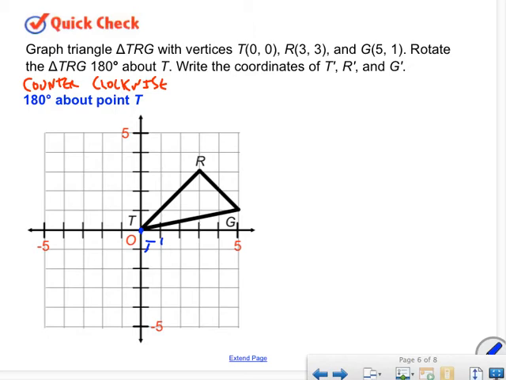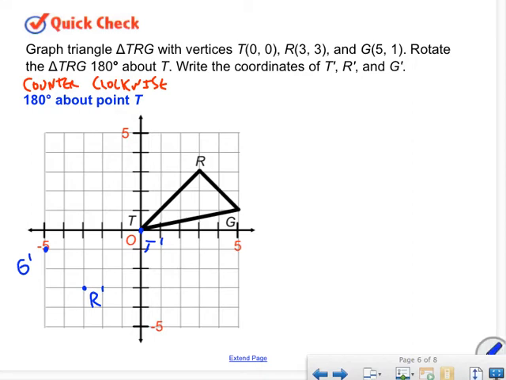Can you tell me the coordinate for R primed, or the image of R? -3, -3. Very good. Okay, that's R primed. And what about G, the last point? -5, -1. Very good. That is G primed.